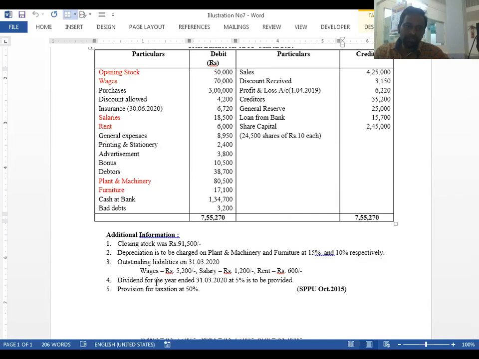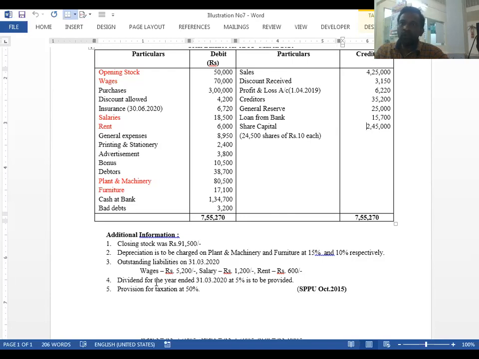Dividend for the year, that means the proposed dividend, is calculated on the paid up capital, but it is an appropriation made from the current year profit or the balance of the profit and loss account. The second is provision for taxation, which is also made from the current year profit.